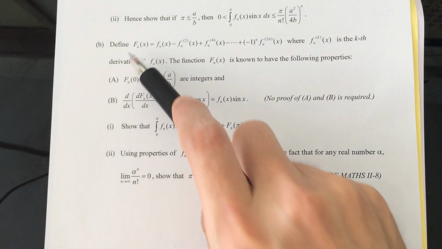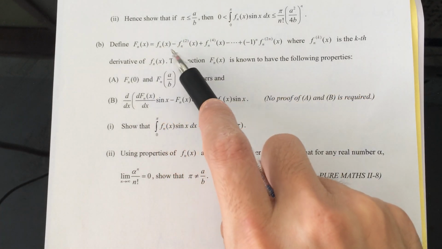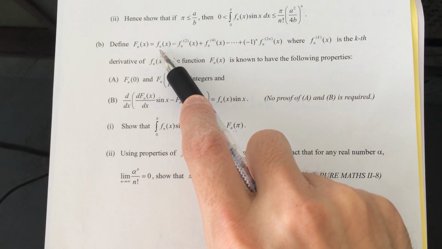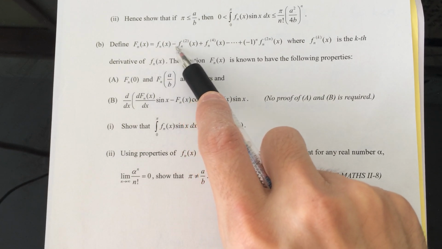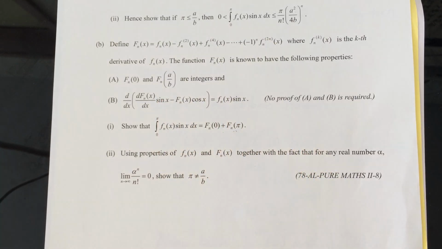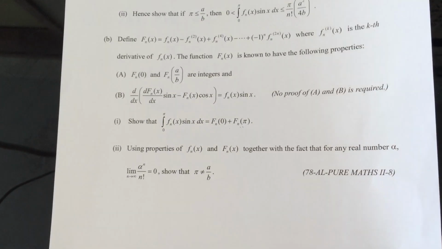So part A, we define the f_n(x) with this function. So this function is the sum and difference of certain derivatives of f_n(x). This is not hard to prove, but it is a little bit tedious. If you find it too tedious, you can skip this part.